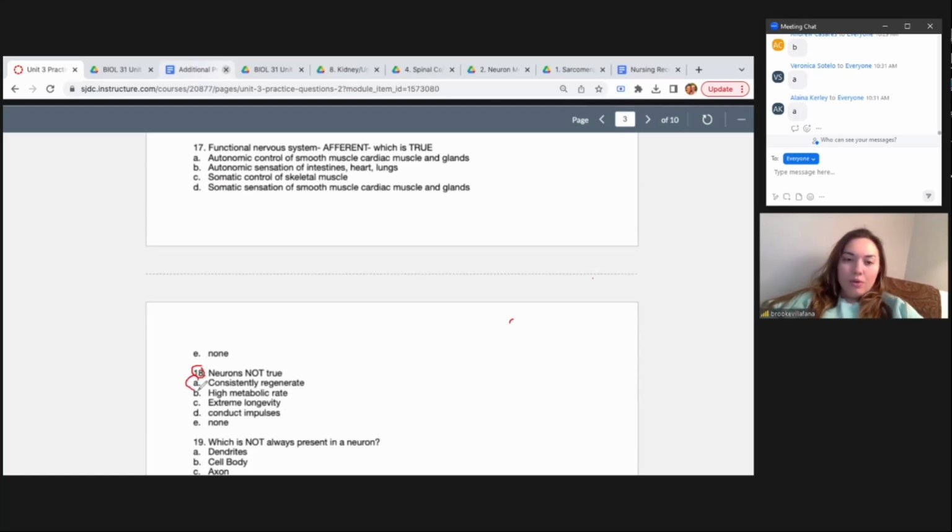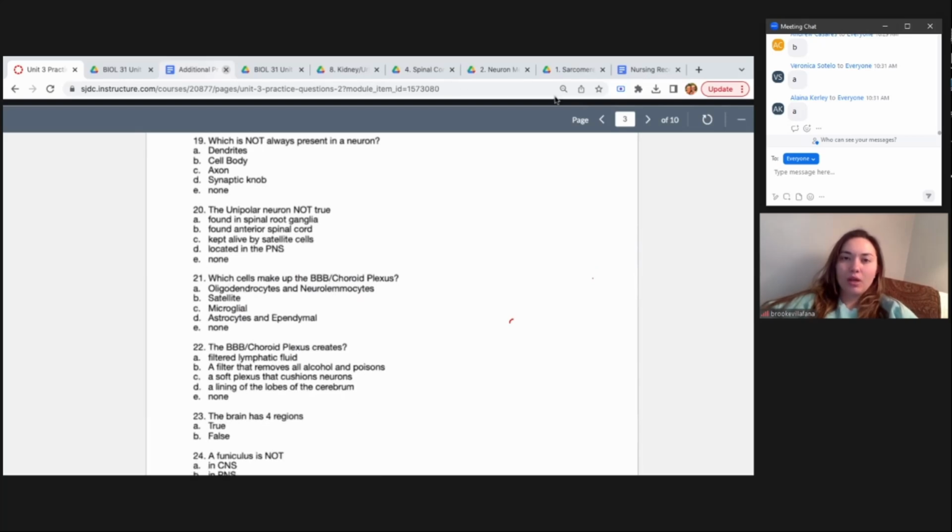So neurons don't regenerate. Neurons are maintained by glial cells, but they do not have the ability to regenerate or perform mitosis, right? So neurons do not consistently regenerate. Question 19. Which is not always present in a neuron?